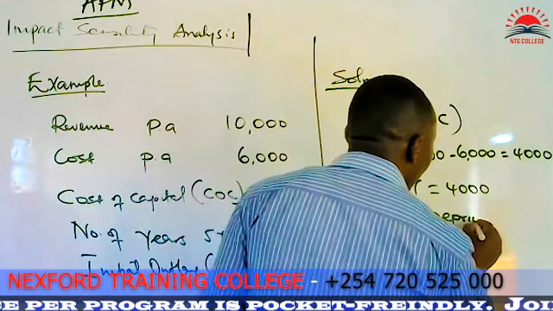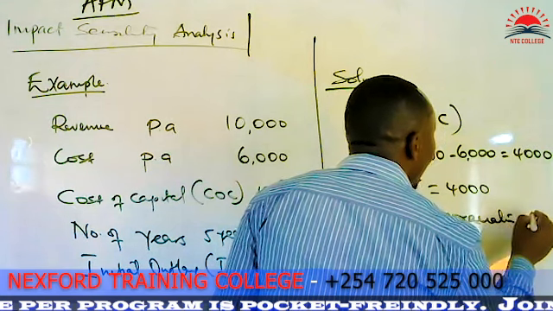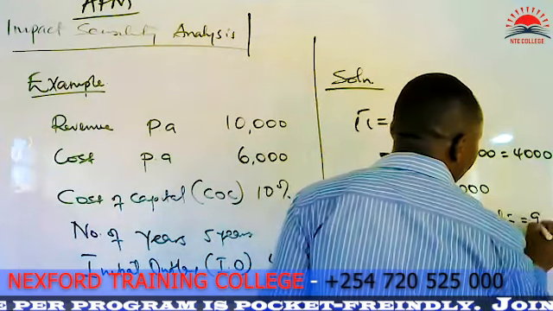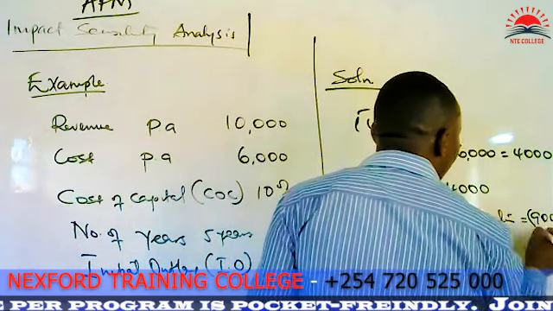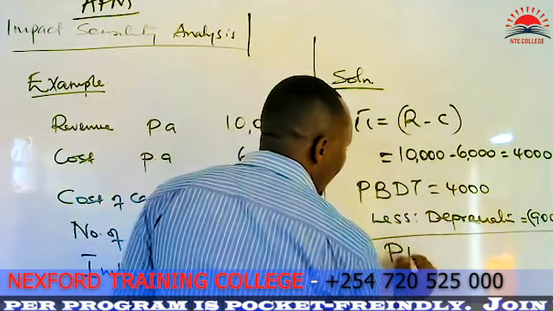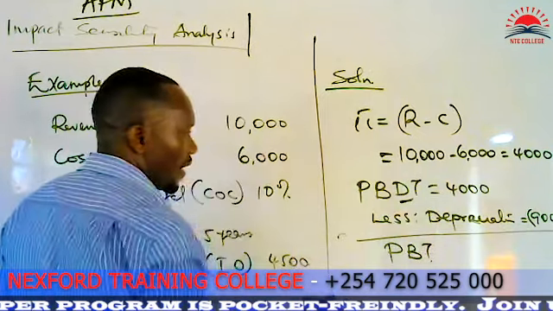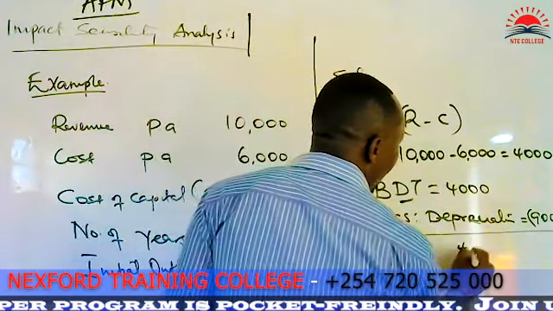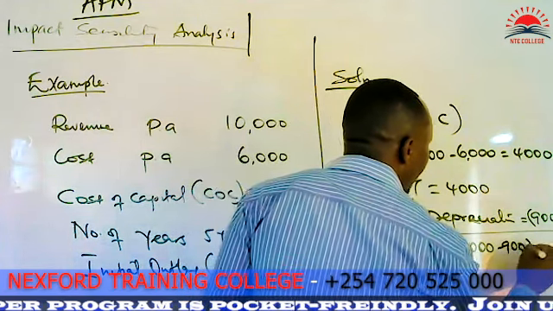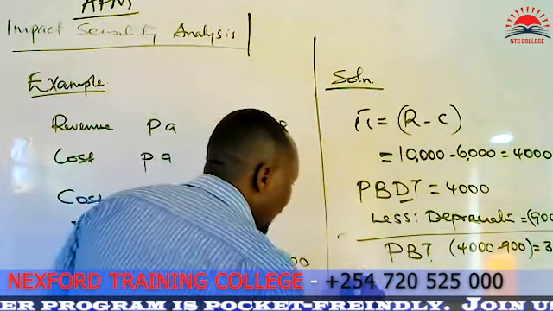Less depreciation, which is, let's say, 900. So if you less 900 from 4,000, what will be profit before tax? It will be 4,000 minus 900, and that gives you 3,100. Now less tax.